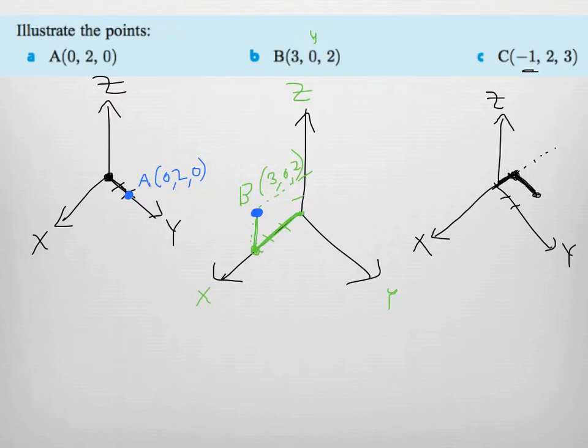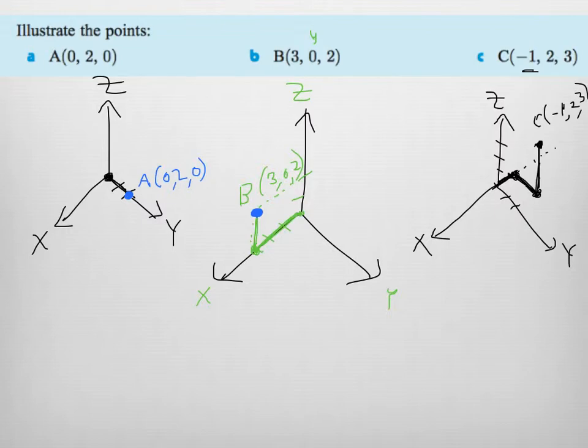Okay, so then that's our second kind of resting point. And then we're going to go up 3 units, and this is where it gets kind of tricky because you have to be kind of good at drawing, I guess. 1, 2, and 3. I'm not very good at drawing here, but that would be an approximate sketch of the point C. So you'd have C: negative 1, 2, and 3.